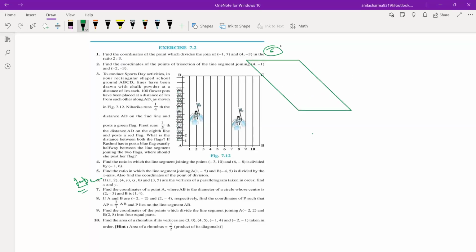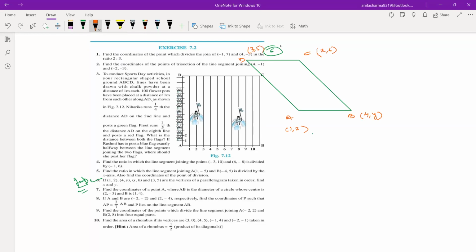So this is a parallelogram, taken in order, so this is A, B, C and D. A point is (1, 2), B is (4, y), C point is (x, 6), and D point is (3, 5).